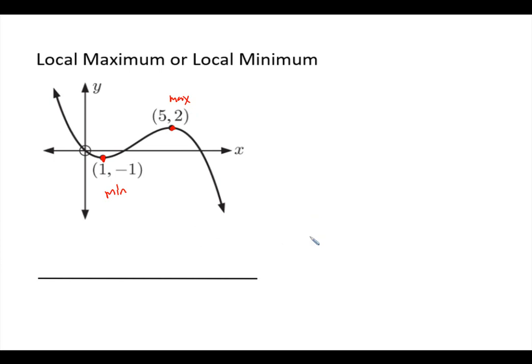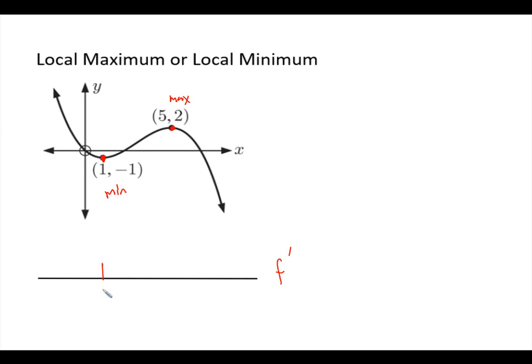Now, when you're trying to determine if a point is a local maximum or minimum, you have to look at the sign diagram for the first derivative. So let's make the sign diagram for the first derivative. This x value is 1.